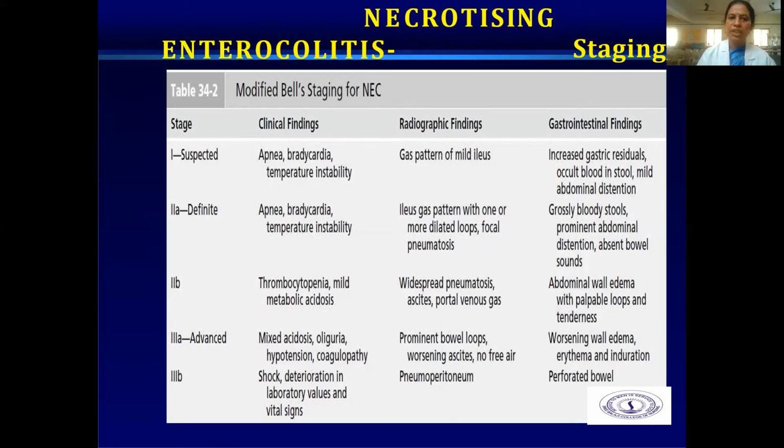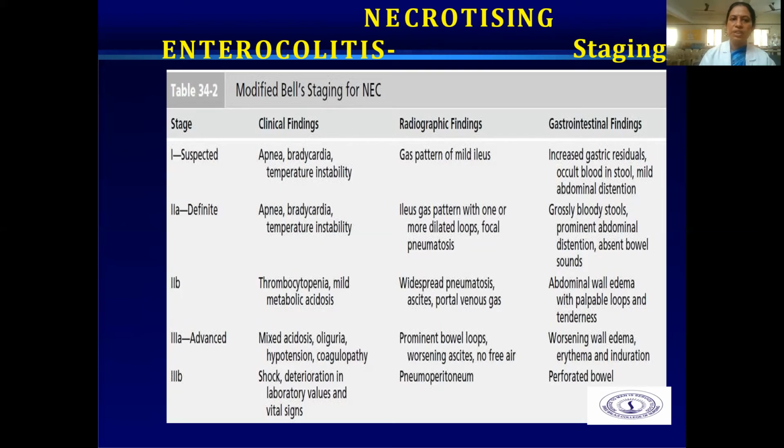Now stage 2A definite. Clinical finding is apnea, bradycardia, temperature instability. 2A definite radiographic findings, ileal gas pattern with one or more dilated loops, focal pneumatosis. Gastrointestinal findings of 2A definite is grossly bloody stools, prominent abdominal distension, absent bowel sounds.